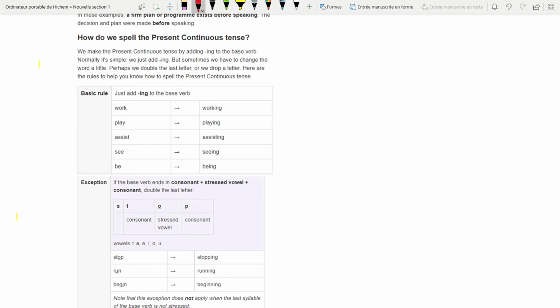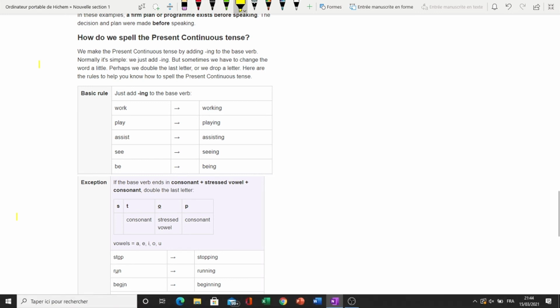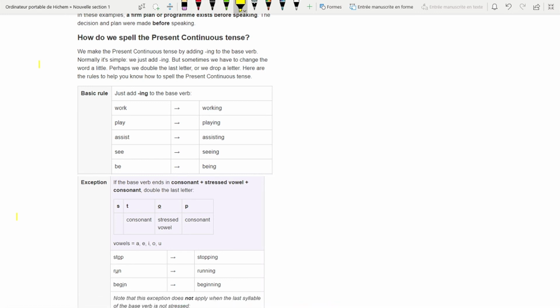Perhaps sometimes we double the last letter, or we drop a letter sometimes as well. And we're going to see some of the rules to help you know how to spell the present continuous tense. So the basic rule is to add the ing, right? It's the same for all the words here. They are quite simple.